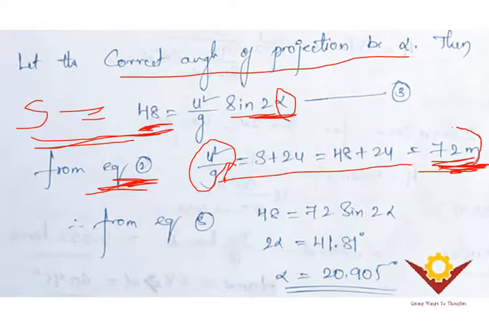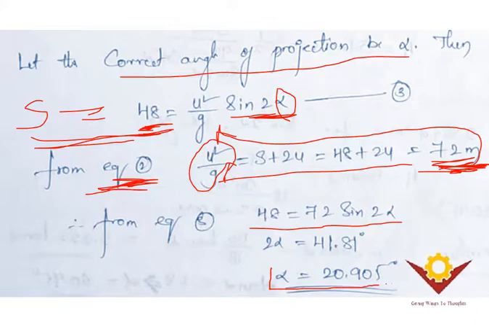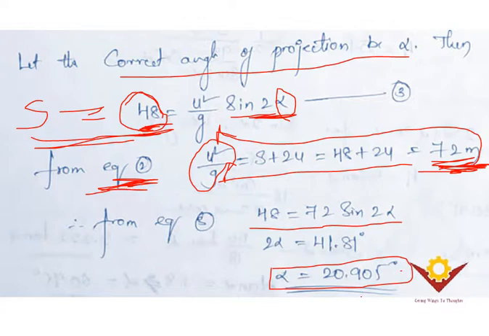And if you substitute that 72 meters here, 48 equals 72 sine 2 alpha, you get the alpha value, which is 20.905 degrees. So when your target is at a distance of 48, your angle should be 20.9 degrees. Yeah, thank you.